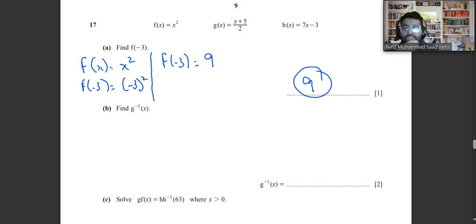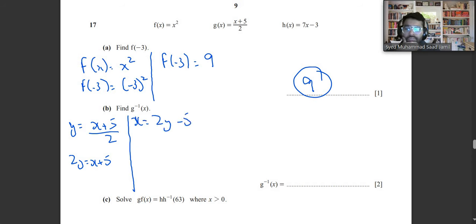In the next question, it says find g inverse x. First of all, you will say y is equal to x plus 5 upon 2. 2y is equal to x plus 5. x is equal to 2y minus 5.